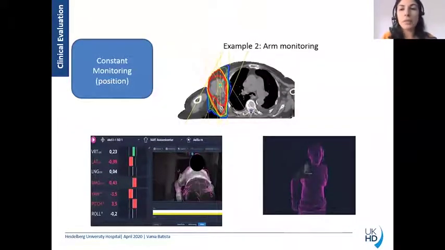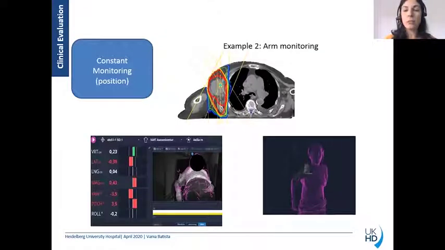Second example: not only the positioning of the patient in the beginning, but also monitoring the patient along the treatment. This is a case of a patient who, because of pain, was always moving the arm during the treatment. Because of the location of the tumor, it's really important that the arm, the patient and the tumor are in the same location.